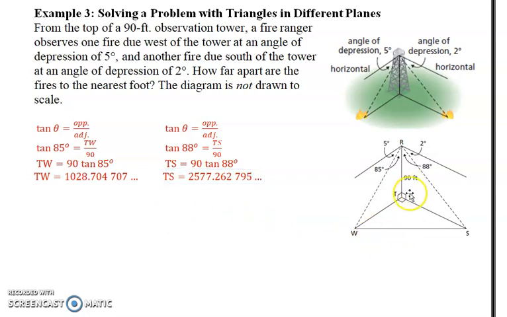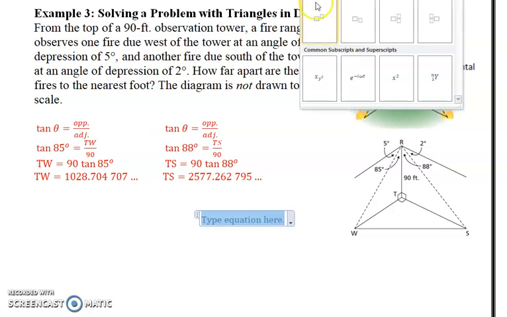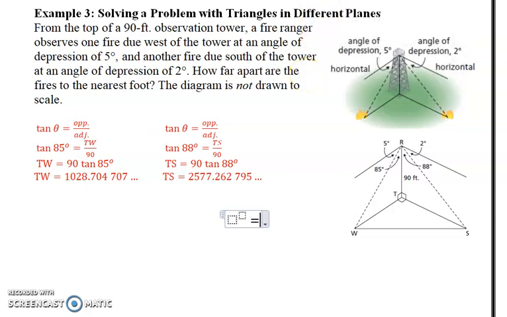Now we have the length from T to S and the length from T to W. Now we've got to find WS, so we simply use the Pythagorean theorem.